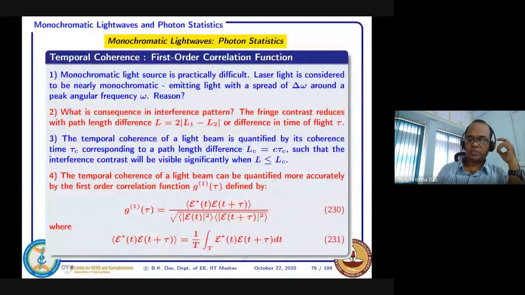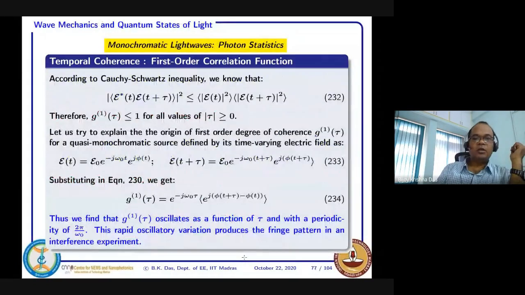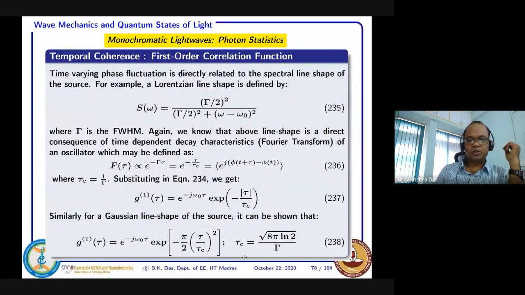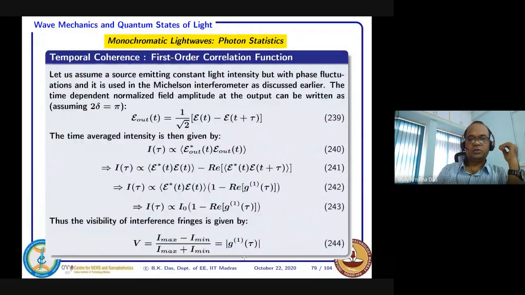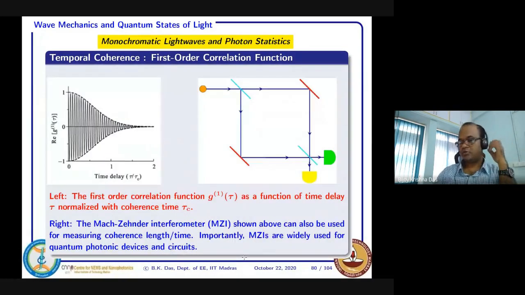So we were discussing the classical way to define the first order correlation function, and also how this correlation function, G1 particularly, is related to visibility.